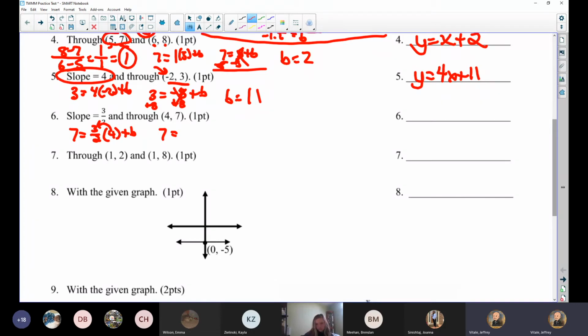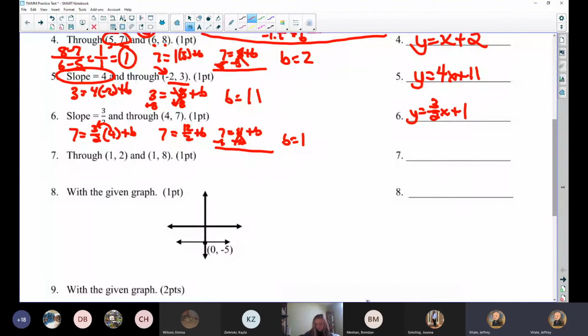So 4 times 3 is 12. It's 12 over 2. What does 12 over 2 reduce to? 6. So I subtract 6 to get b all by itself. And b is going to equal what? 7 minus 6. 1. So our equation for this one will be y equals 3/2 x plus 1.